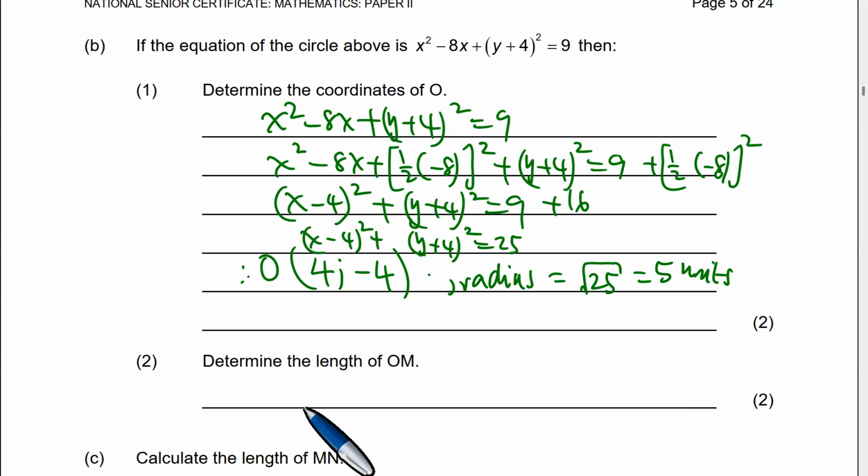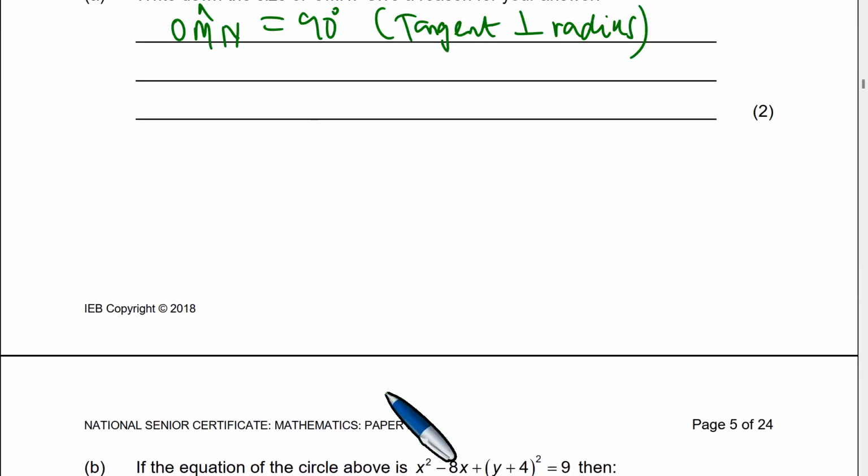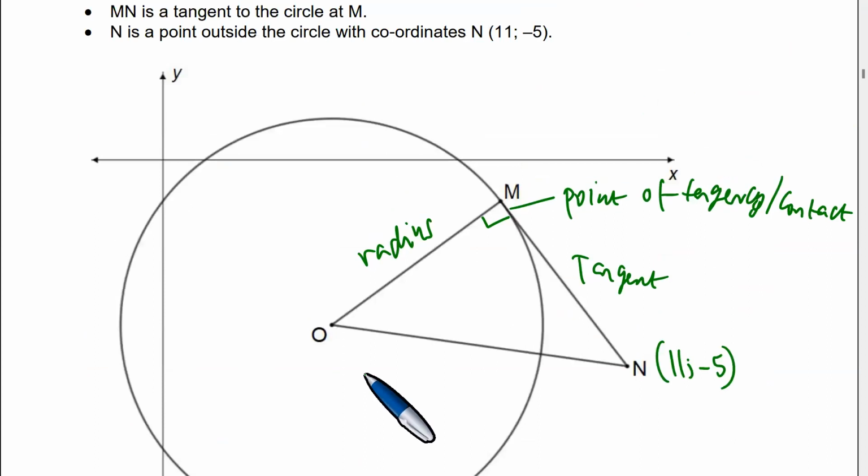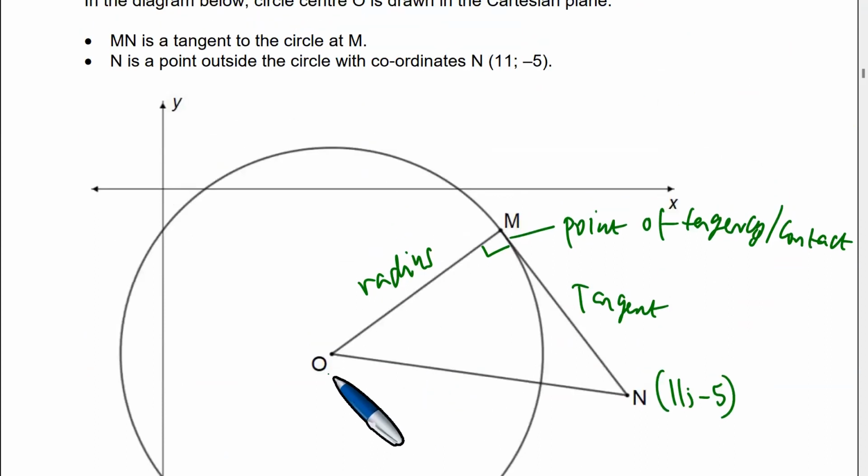Determine the length of OM. We want the length of OM. We already got the coordinates of O at the bottom. They're 4 and minus 4.